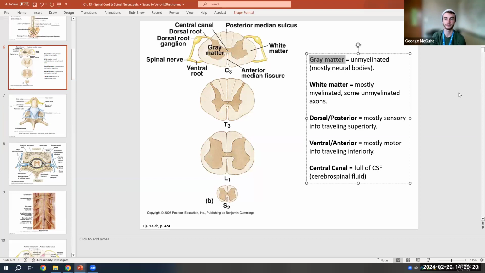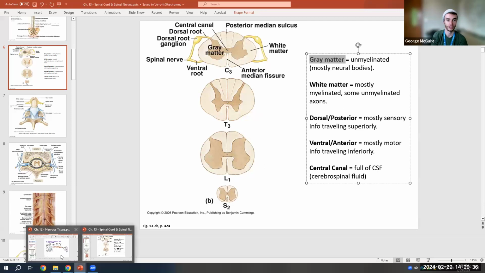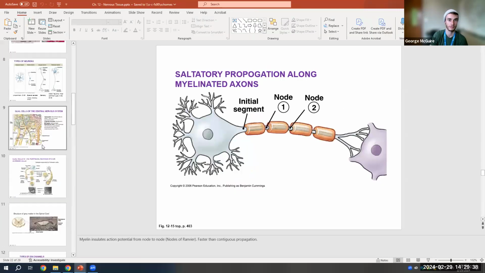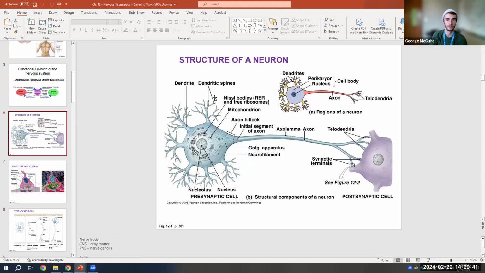Gray matter is mostly made up of unmyelinated axons and neuron bodies. James and I discussed at the end of lab yesterday that in the neuron bodies, you have those Nissl bodies, the floating endoplasmic reticulum in our neurons. You remember this image, these Nissl bodies. These are rough ER that are not continuous with the nuclear envelope like they would be in most of our other cells.